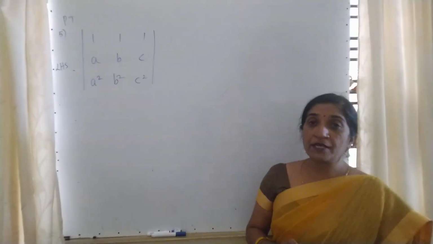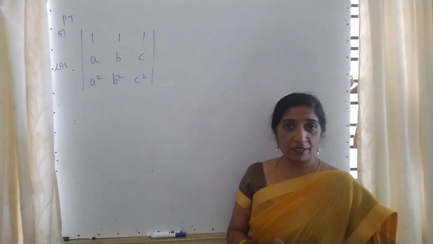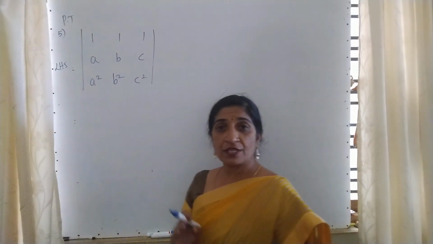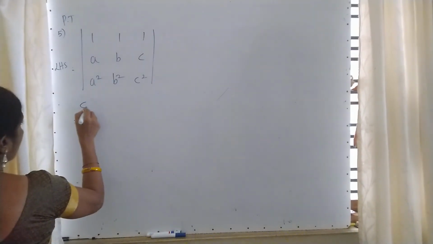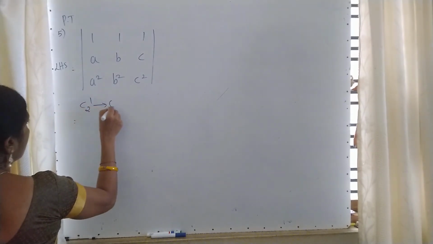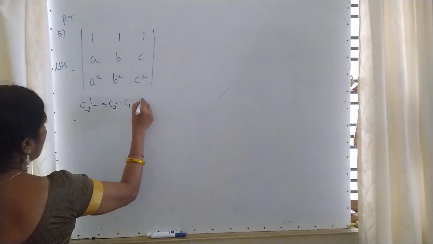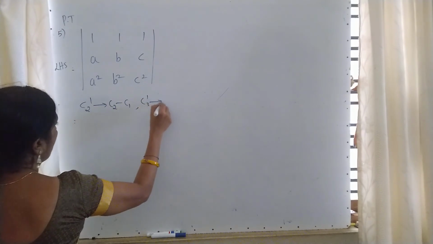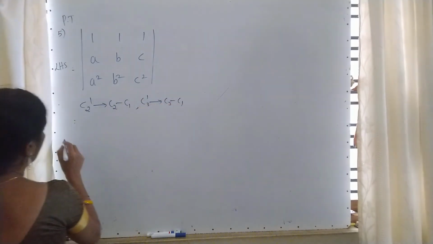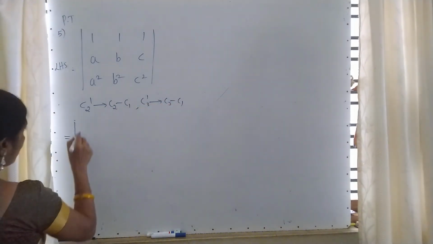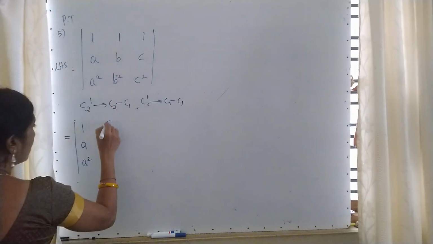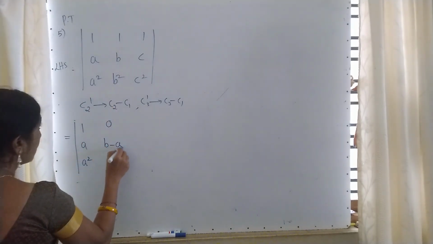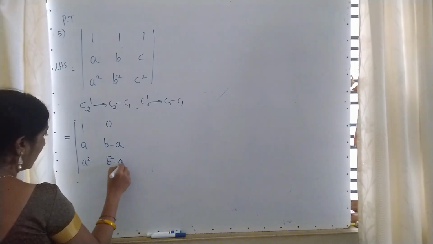We are applying C2 dash as C2 minus C1 and C3 dash as C3 minus C1. Correct or not? First column as it is. 1 minus 1 is 0, b minus a, b square minus a square.